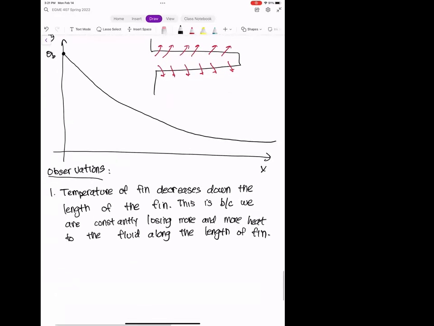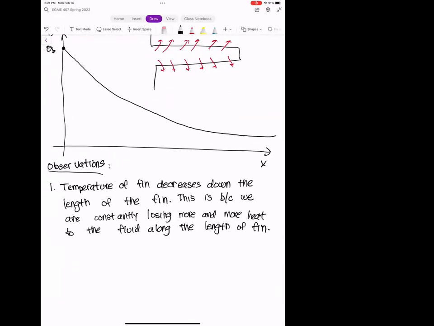Again, simple result, but I think it has an interesting, intuitive physical explanation.